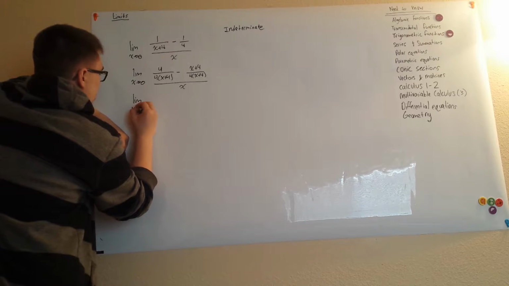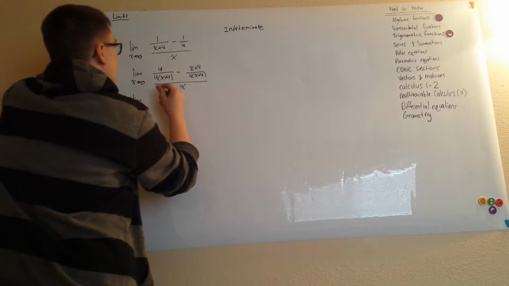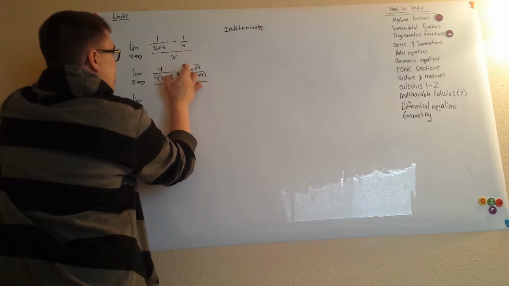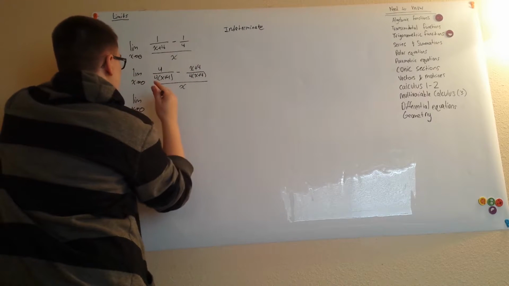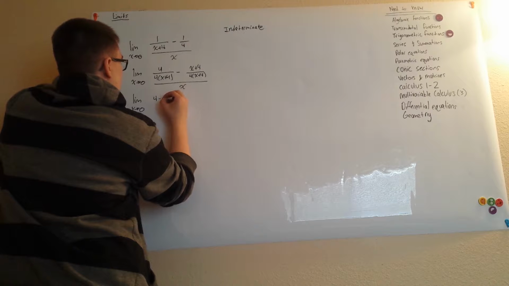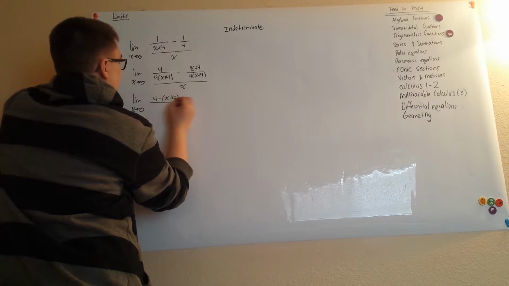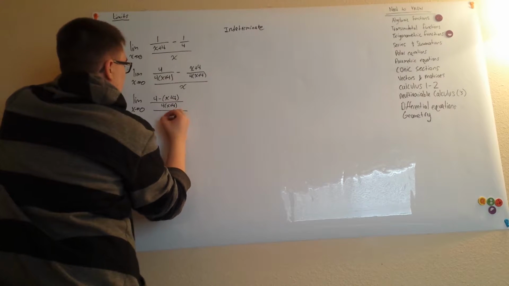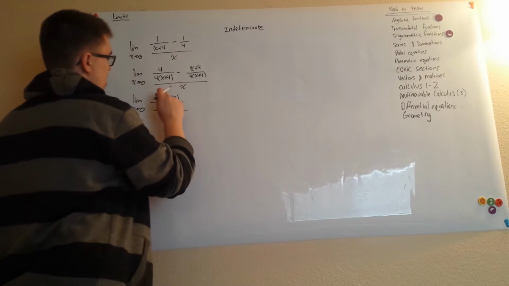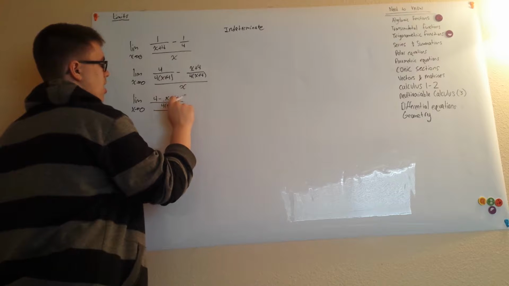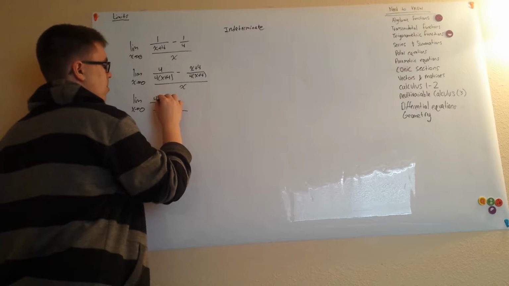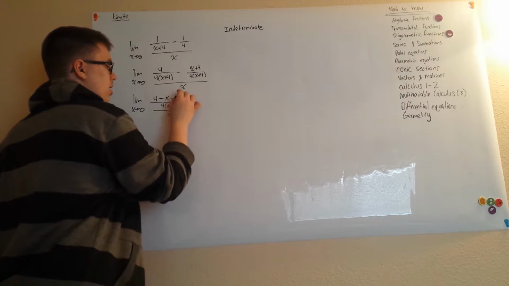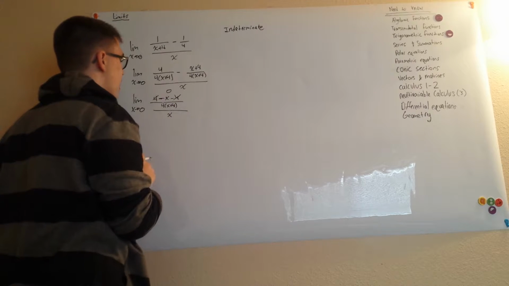Okay. Let's put those together. If we subtract 4 minus x minus 4, we get that. That'll be minus x minus 4. That'll be 0.